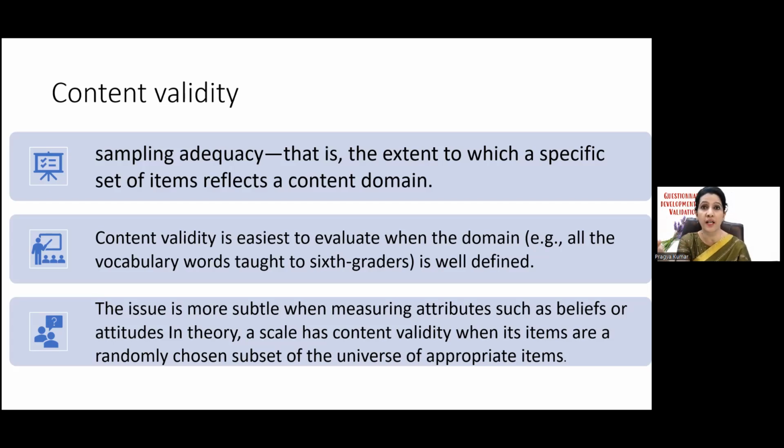Like in case of our medical curriculum, we can easily define it. Whatever we have selected out of the pool, whether the content validity is there or not. But this issue becomes very much microscopic if we are measuring attributes such as belief or attitude in theory.